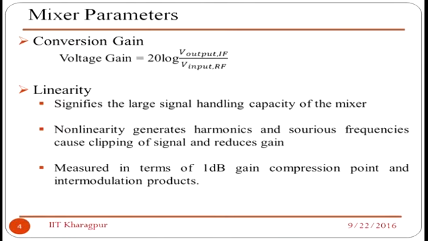That means I am talking about the nonlinearity. The nonlinearity will generate those harmonics, and you need to make the nonlinearity as small as possible so that finally you get the fundamentals and their difference without those harmonics as much as possible. So it is defined by the 1 dB compression point, which has been discussed in the earlier discussions.